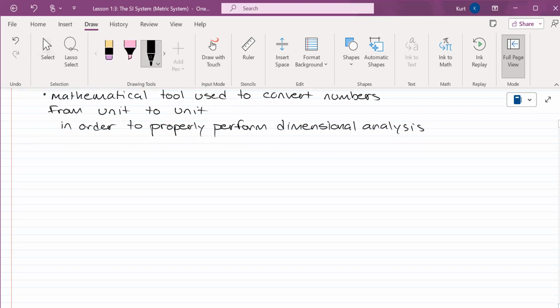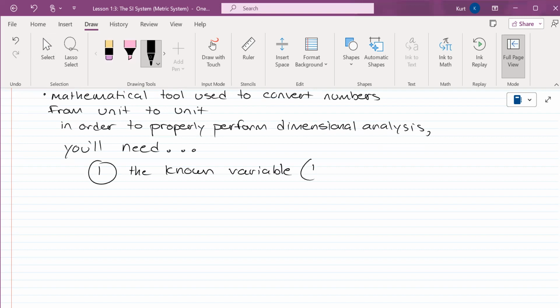In order to properly perform dimensional analysis, you'll need three things. One, the known variable. I'm just going to call that your known.